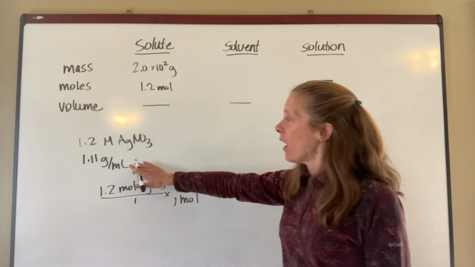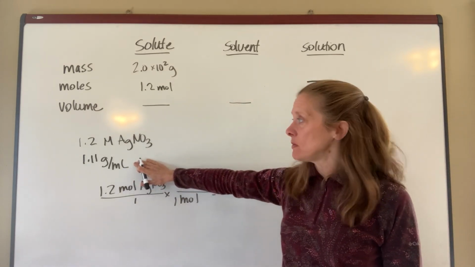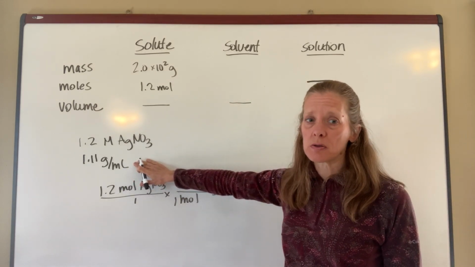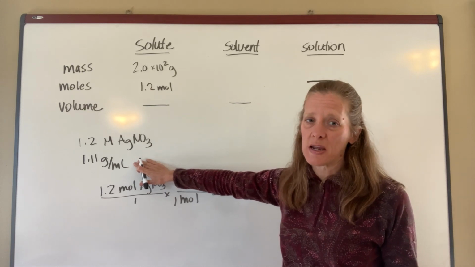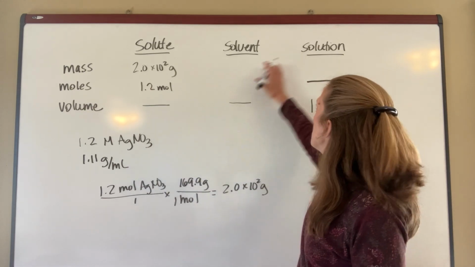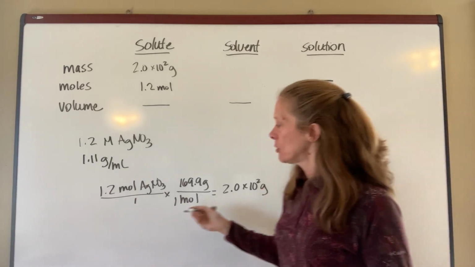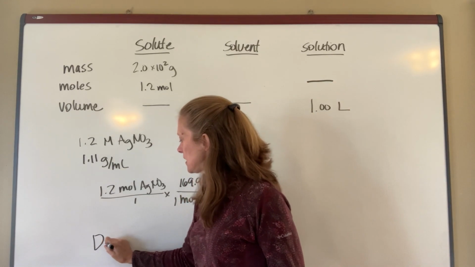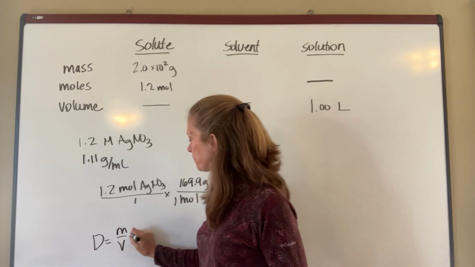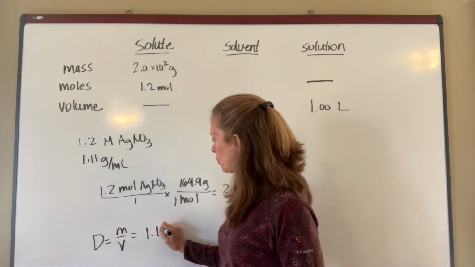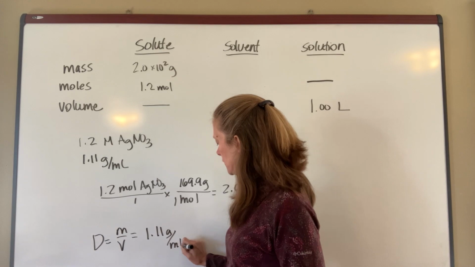How am I going to figure that out? Well, I also know the density, which is 1.11 grams per milliliter. So I could use the density equation to figure out what the mass of the solution is, because I know the volume of the solution. So my density equation, if density equals mass over volume, I know the density is 1.11 grams per milliliter.